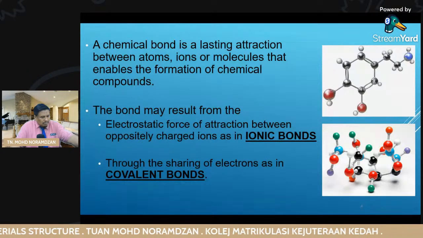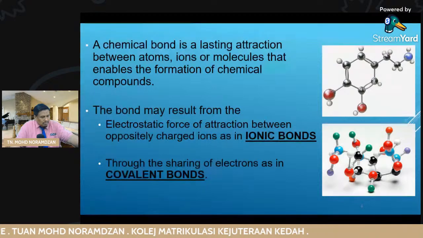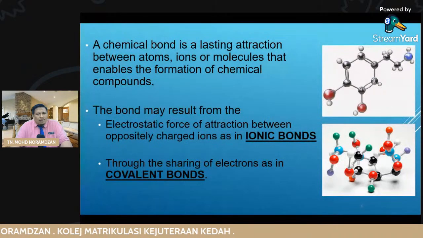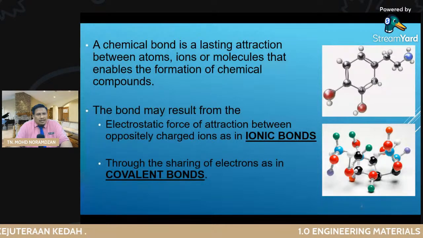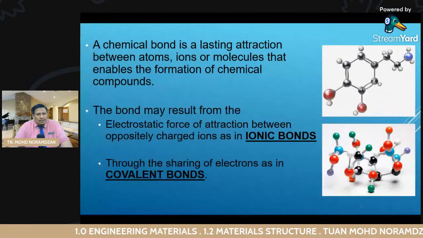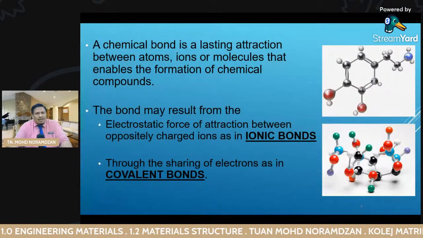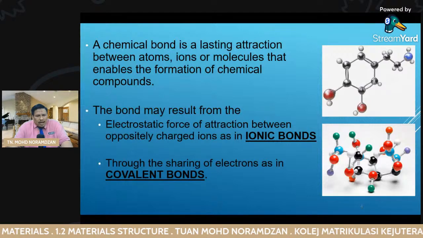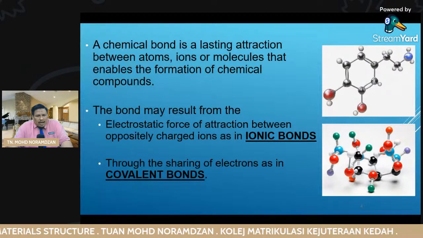A lasting attraction between atoms, ions, or molecules that enables the formation of chemical compounds. The bond may result from the electrostatic force of attraction between oppositely charged ions, as in ionic bond.